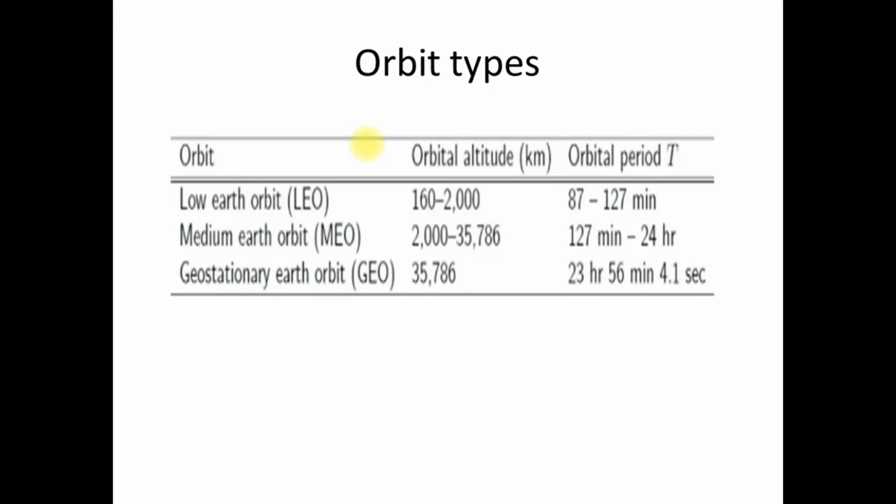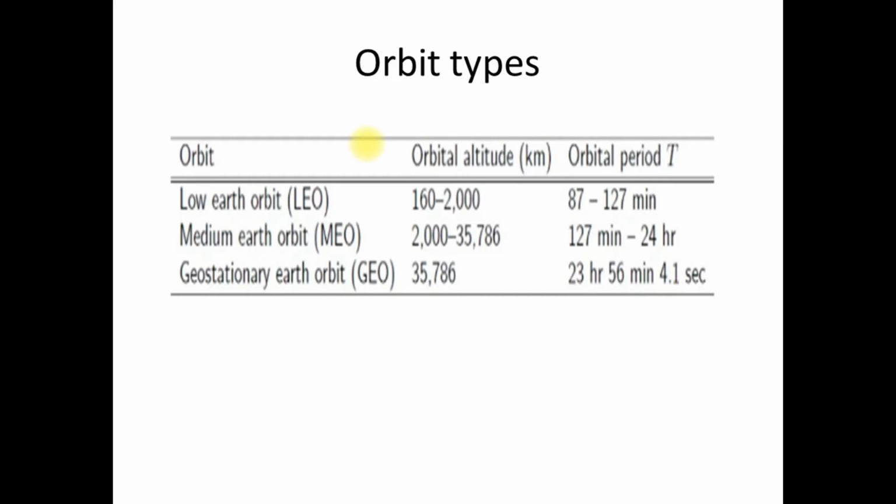So if you go with orbit types, mostly we can divide these into three types: low Earth orbit, medium Earth orbit, and geostationary Earth orbit, that is LEO, MEO, and GEO. If we go with altitudes, low Earth orbit will be at an altitude of 160 to 2000 kilometers from the Earth's surface, and its orbital time period will be 87 to 127 minutes.